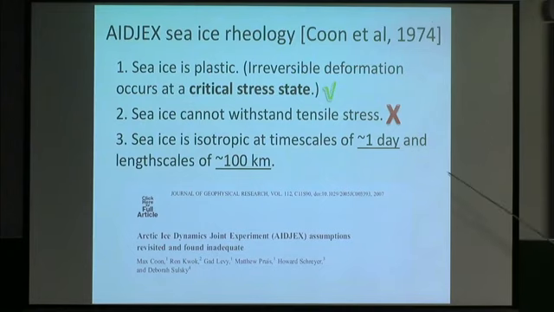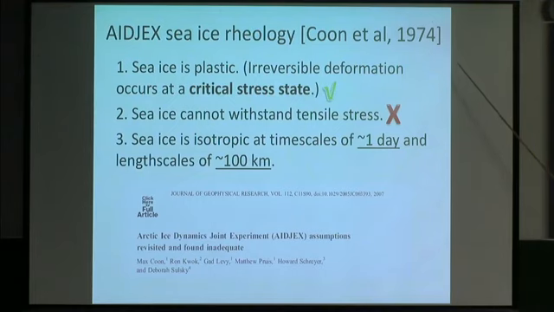And this final point, which is obviously the main focus of today's talk, is the assumption of isotropy. It was assumed that the sea ice cover was isotropic at these sorts of length and time scales. Theoretically that makes a huge difference; it makes it much easier. But I'd also like to have a look at the date: 1974.